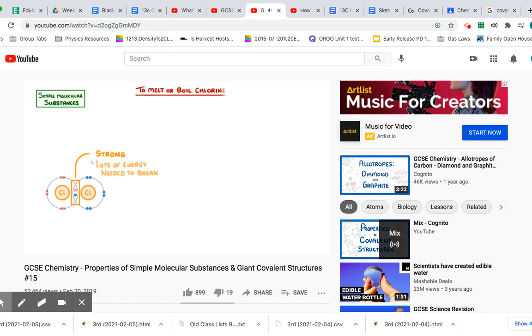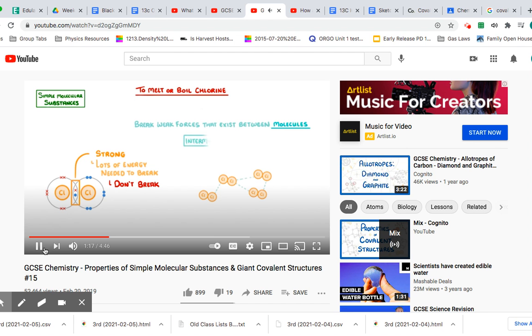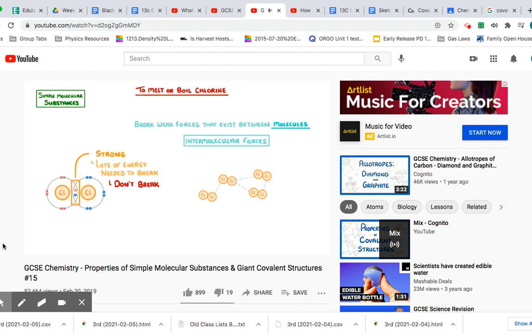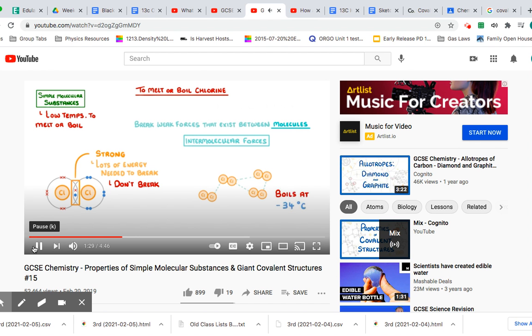However, in order to melt or boil chlorine, we actually don't break these strong covalent bonds. Instead, we only need to break the weak forces that exist between different molecules, which we call intermolecular forces. Because of this, we only need very low temperatures to melt or boil simple molecular substances. For example, chlorine boils at minus 34 degrees Celsius.